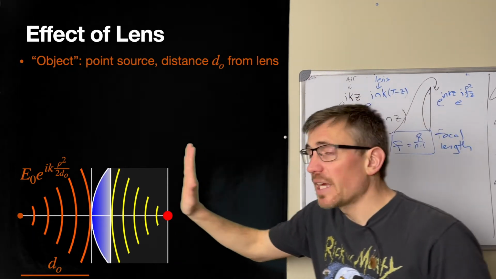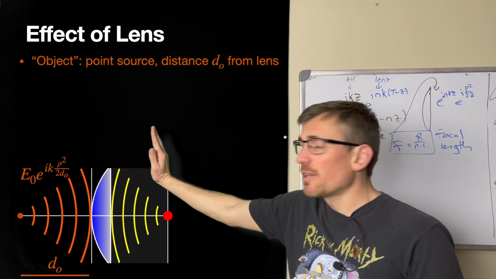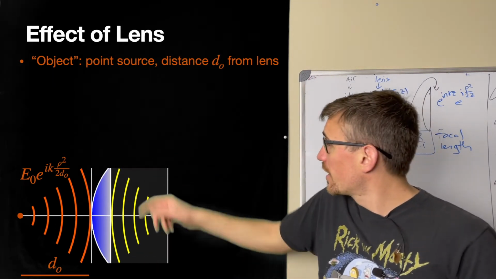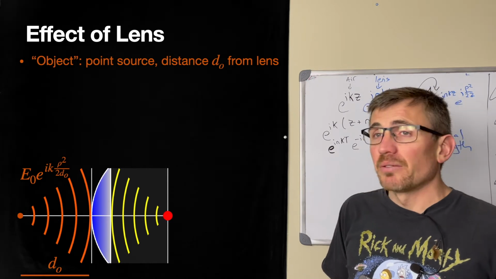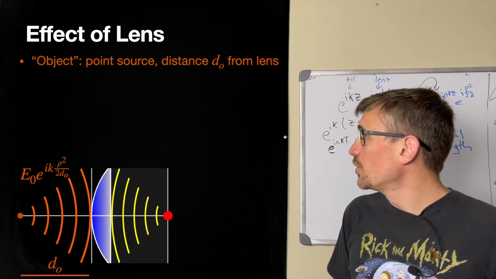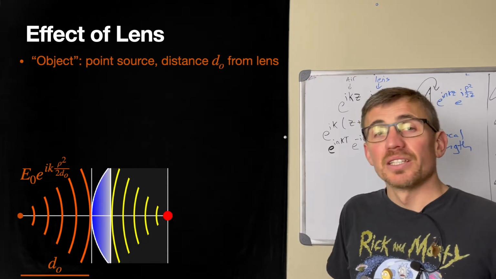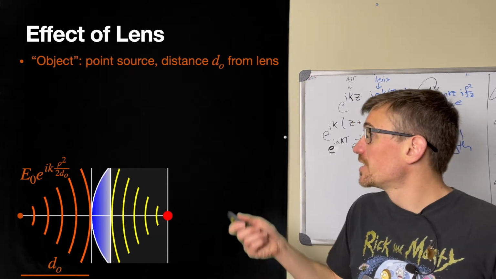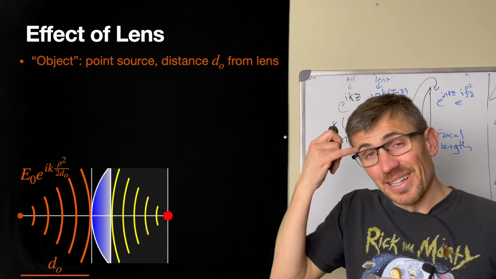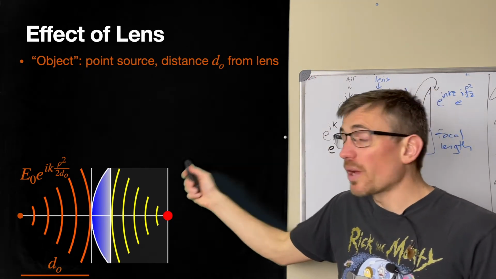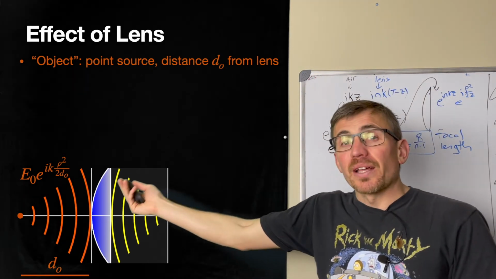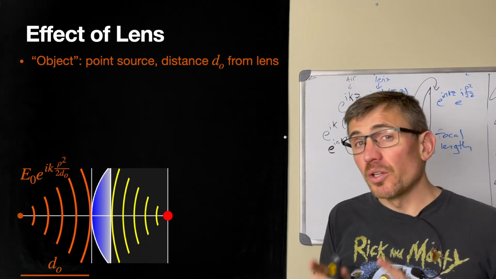And let's look at the state of the field directly before the lens, okay? It's given by this, e to the i k rho squared over 2 d object. This is nothing other than our paraxial spherical wave equation, okay? This is what it is directly before the lens. How about directly after the lens? Well, we know what the lens does now.